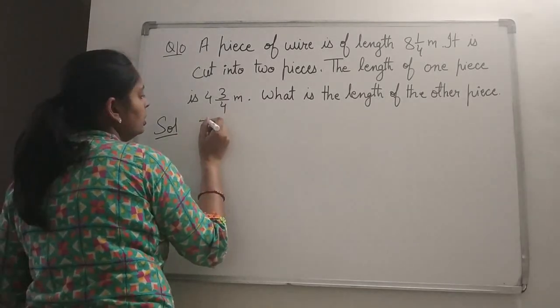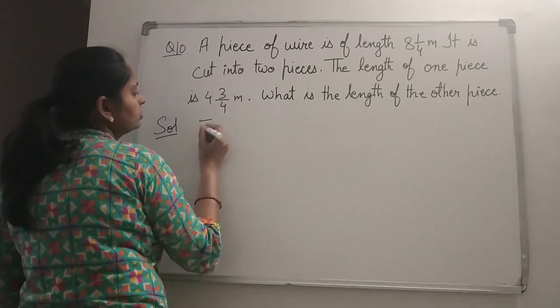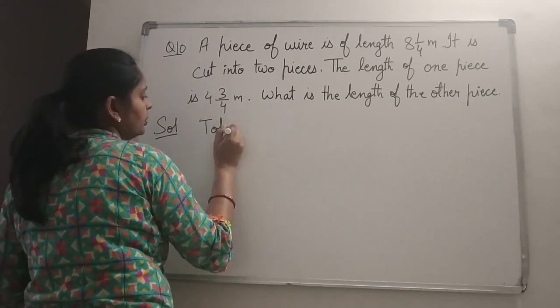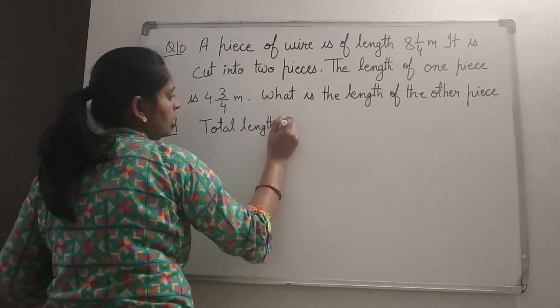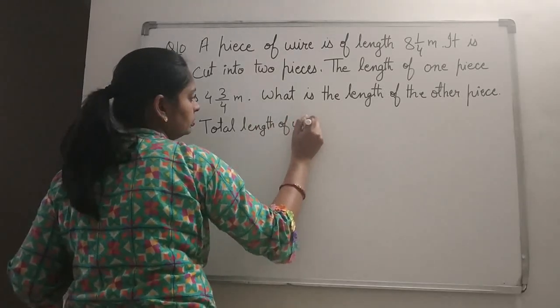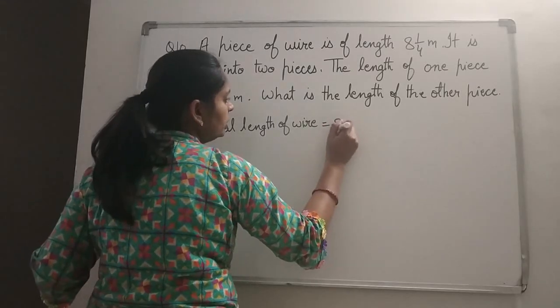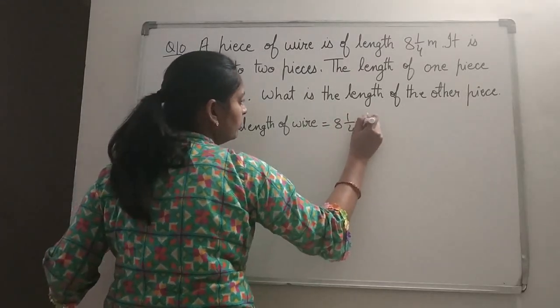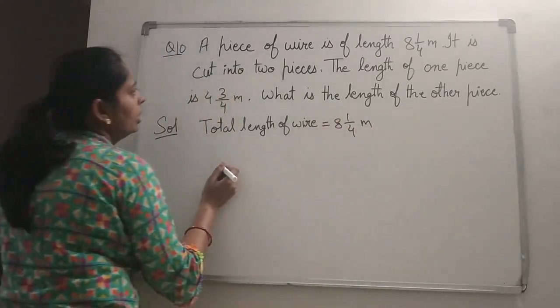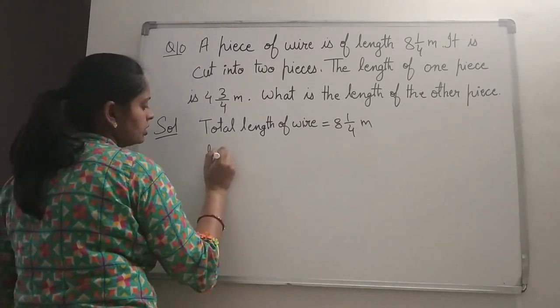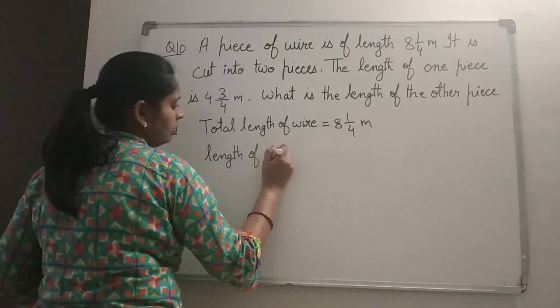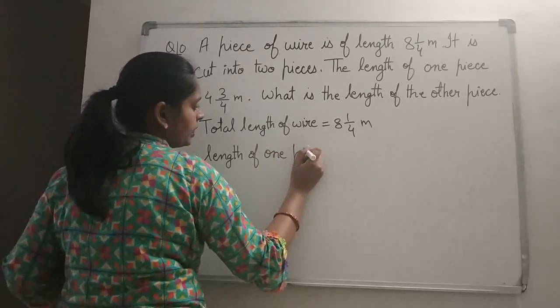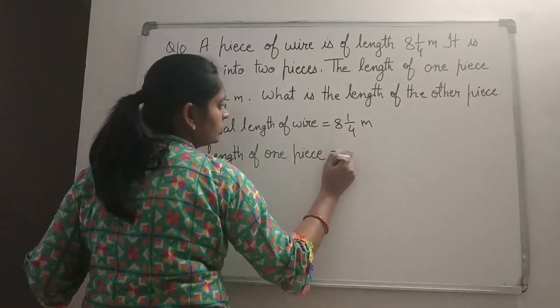So, the total length of wire is equal to how much? 8 1/4 meter. And the length of one piece of wire is how much?